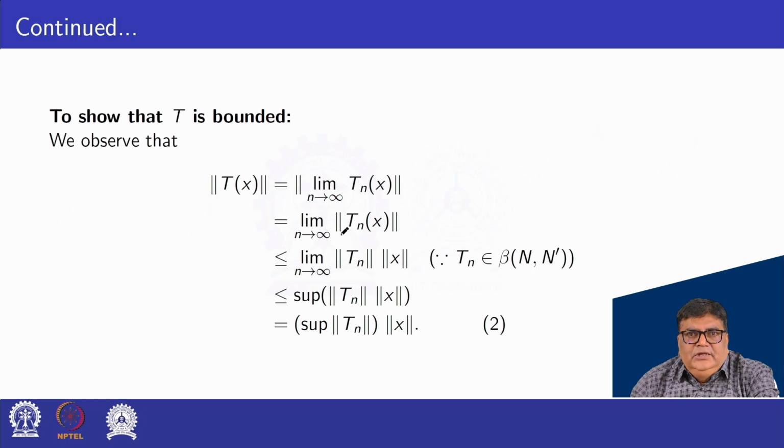So this can be written as norm Tn norm x. This can be written as the supremum of norm Tn into norm x. Equation 2.